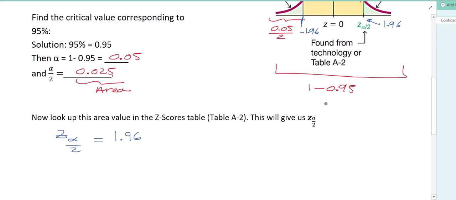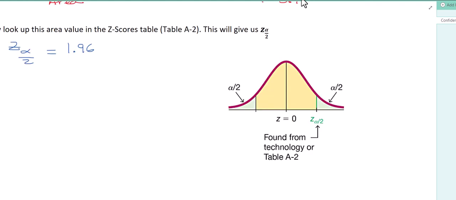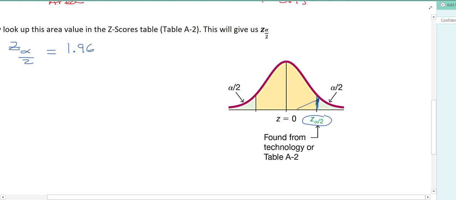So just for practice, we can do that. Let me do the same shape again. If I wanted to find this z alpha over 2, I have to find that value. But the table always gives us the area to the left, so I'm going to include the entire 95% here plus that 0.025.